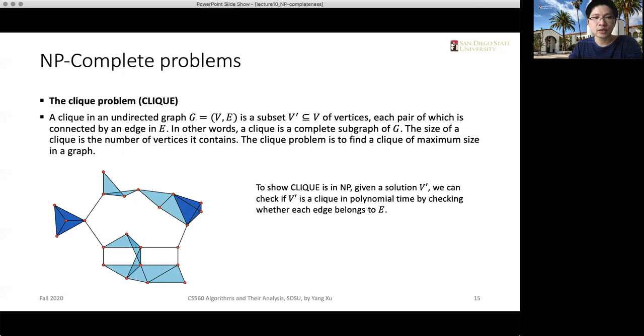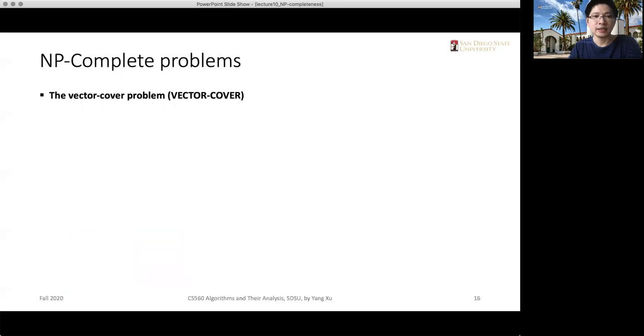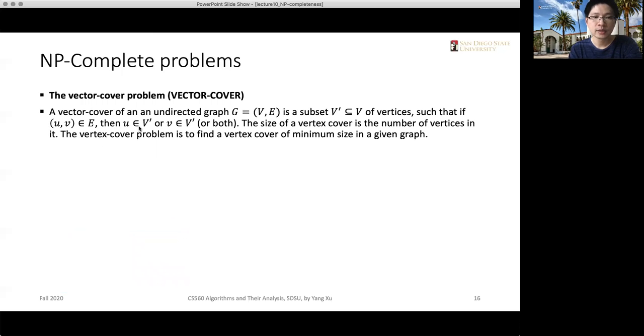Using the definition of the clique, we can also define a second type of problem called vertex cover. A vertex cover is a subset of vertices such that if the edge from U to V exists in the original graph, then at least one of the two ends is in the subset.